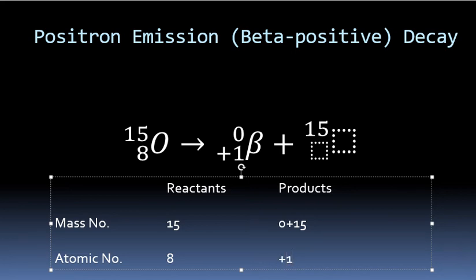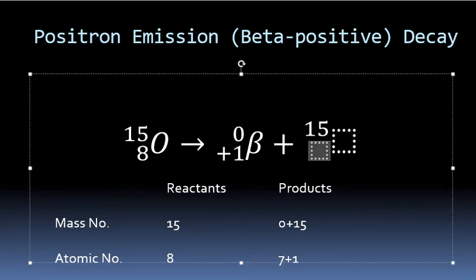Technically, that's actually the charge, but for nuclear equations, we can consider charge number and atomic number pretty similar for addition. Now then, what plus +1 would give us 8? Well, 7 plus 1 would give us 8. Therefore, the missing atomic number for the unknown nuclei is going to be 7.